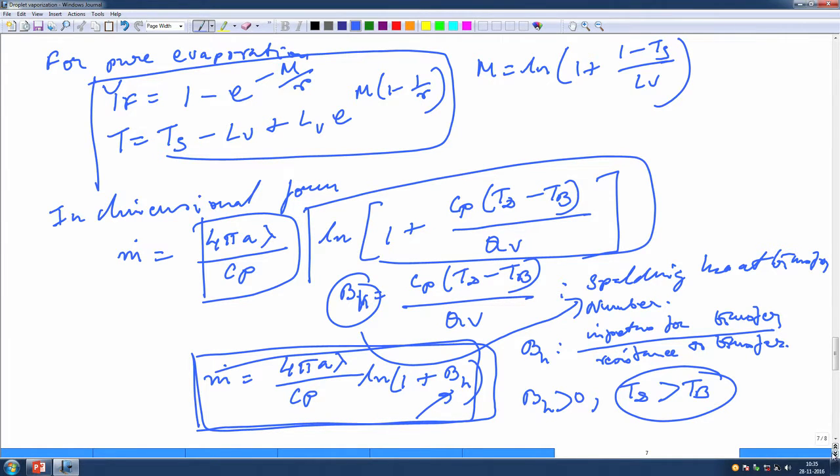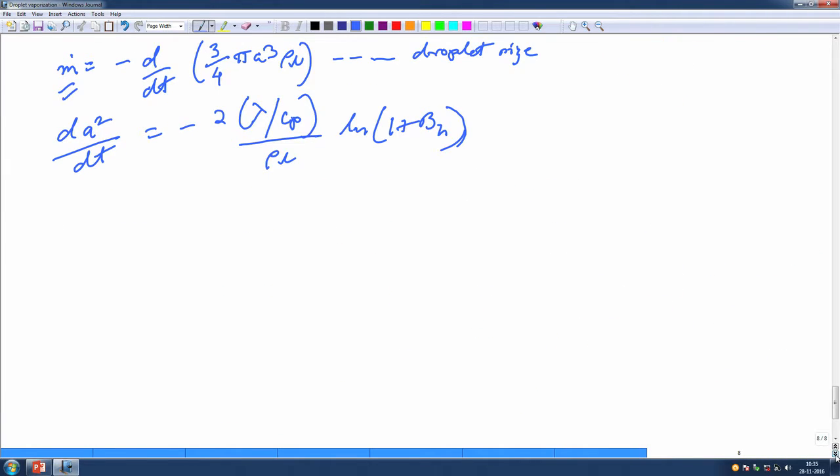So, what can be done is that you differentiate this, but retain the a square term, and then you show that this is equivalent to that.